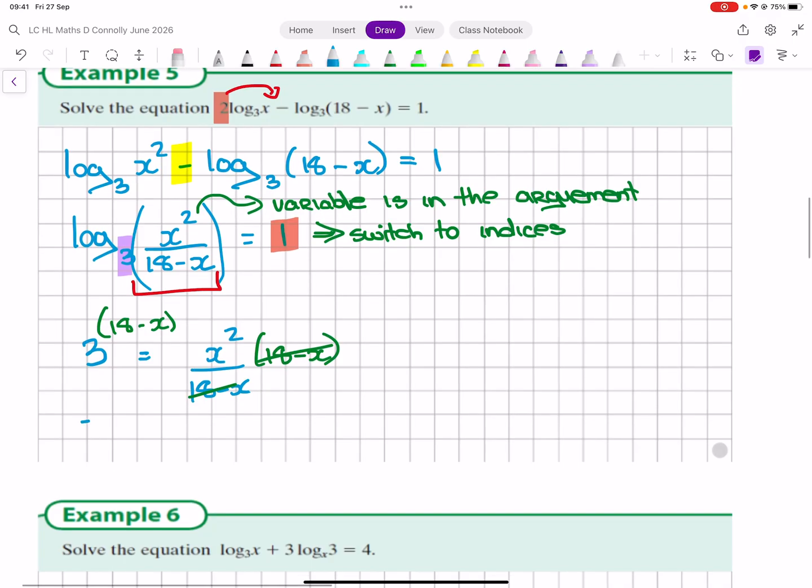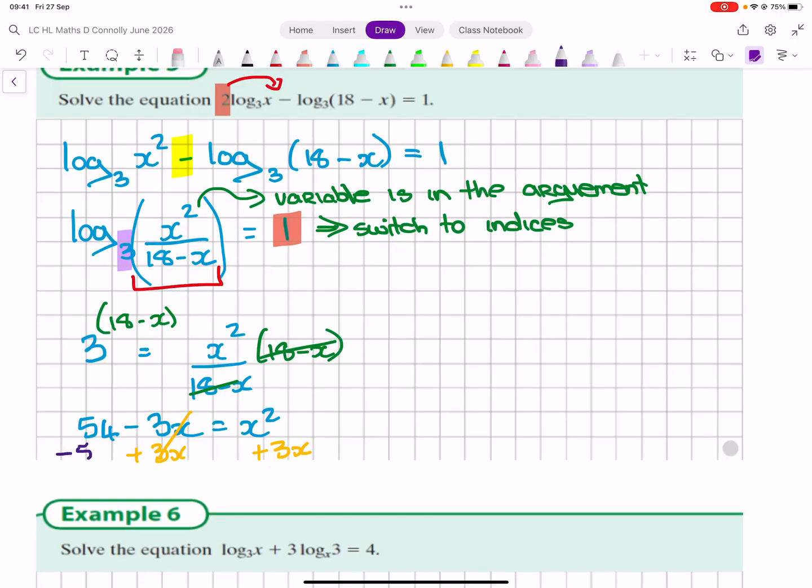So this is 54 minus 3x equals x squared. If I plus 3x to cancel, and then minus 54 to cancel, I get x squared plus 3x minus 54 equals 0.